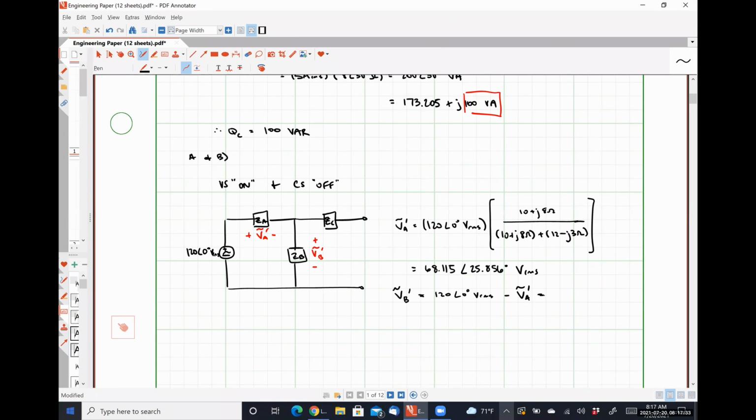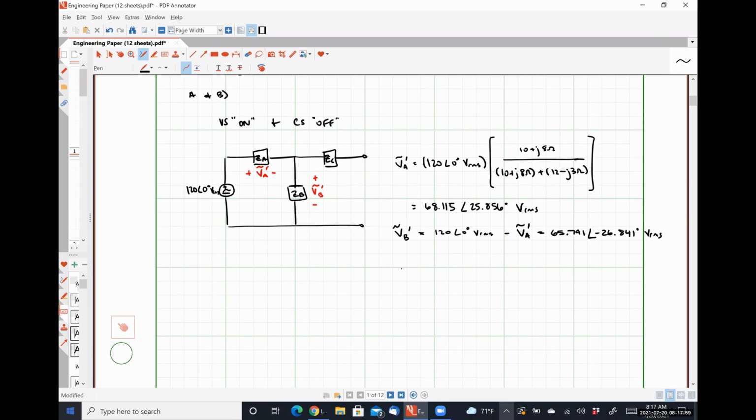And that's going to give me 65.791 angle negative 26.841 degrees volts RMS. Does that analysis seem reasonable?